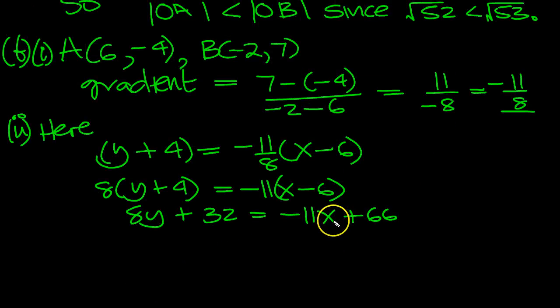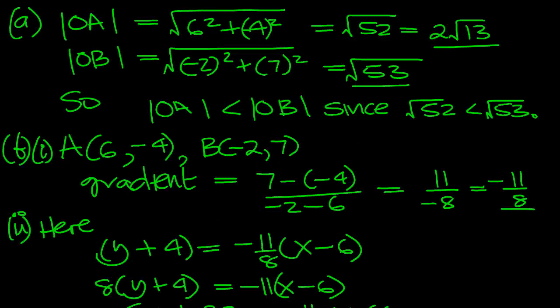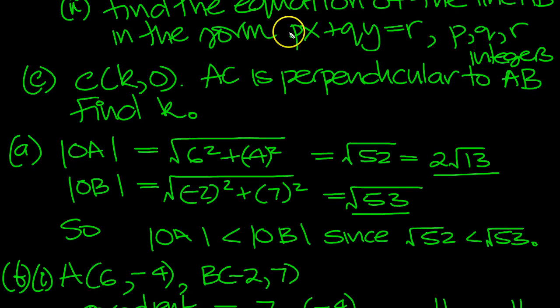Move everything over to the left then, 11x plus the 8y that's already there is equal to, now the form we had to write it in is px plus qy equals r.